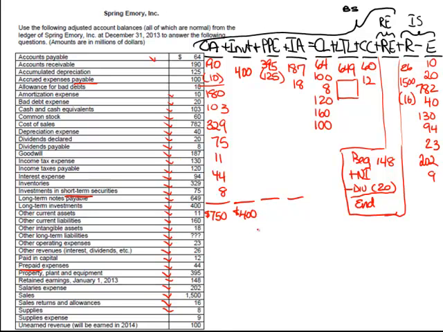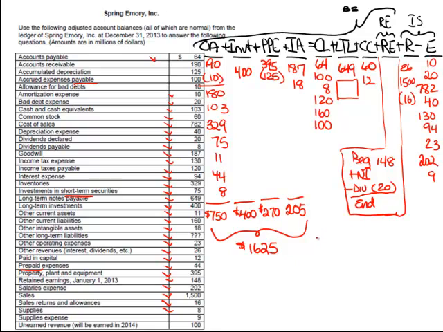Our net realizable value, or our book value, of our property, plant, and equipment is 270, since we subtract accumulated depreciation from the cost of the property, plant, and equipment. And finally, intangible assets are 187 plus 18, or 205. So my total assets comes to a total of 1625.